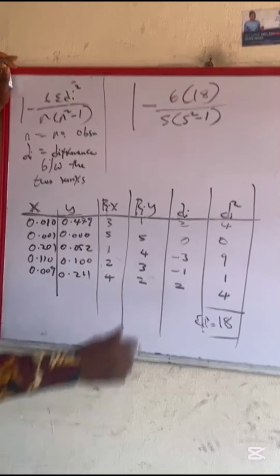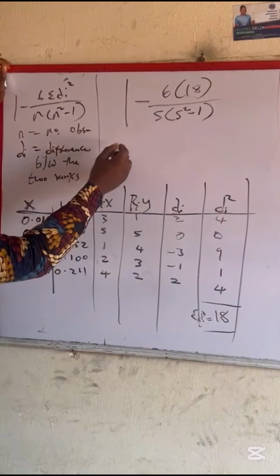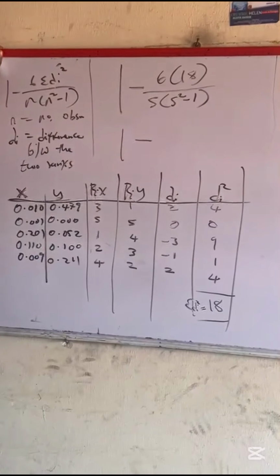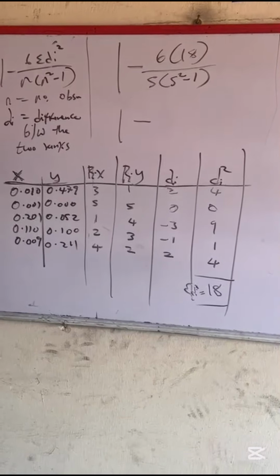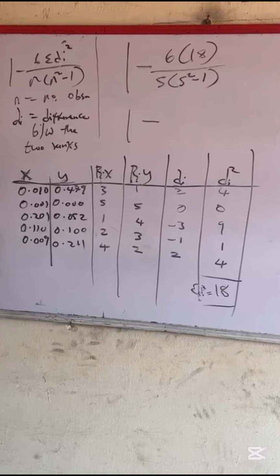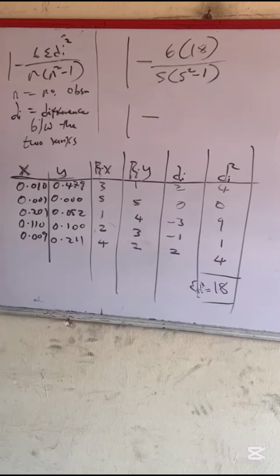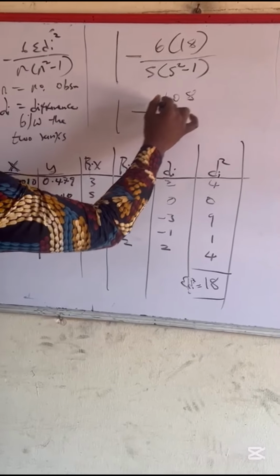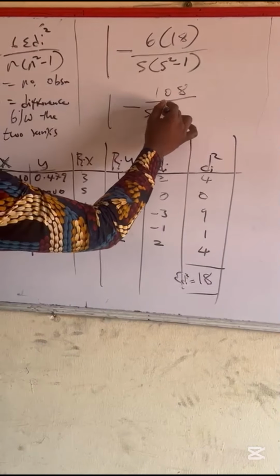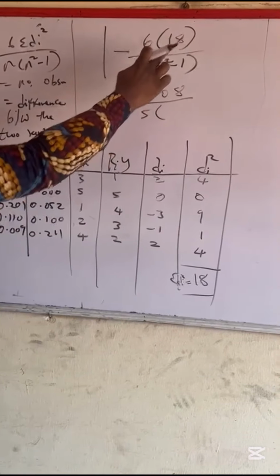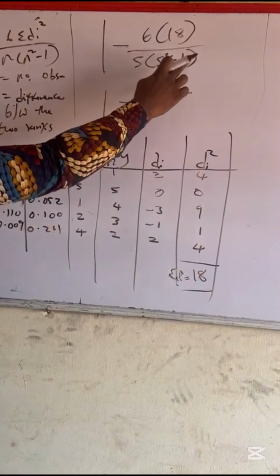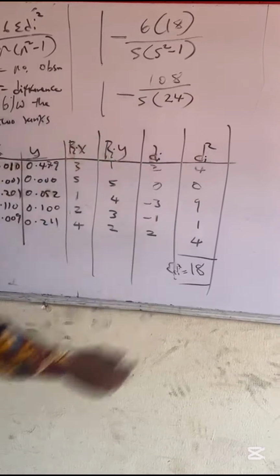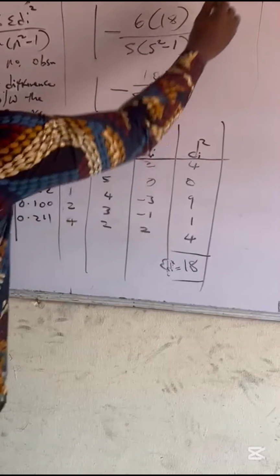So what we are going to do next is we'll do 1 minus 6 times 18, which is 108. 108 over bracket 5 squared is what? 25. 25 minus 1 is what? 24.